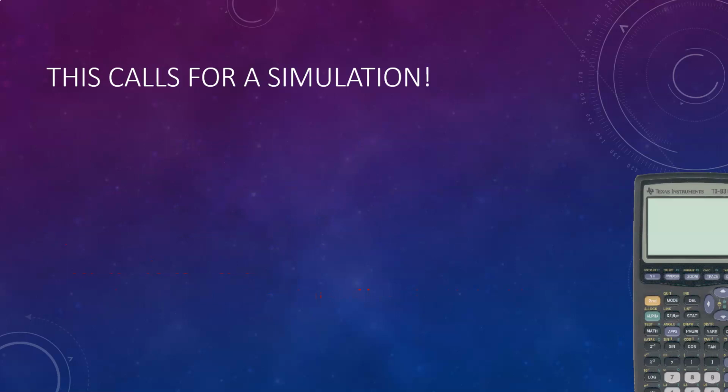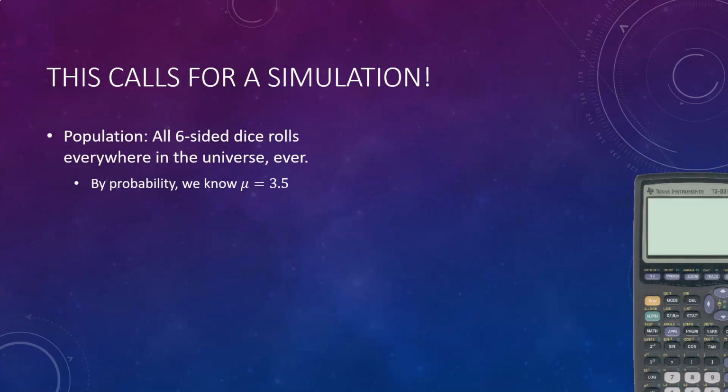Now, to show you how this plays out, I wrote a program that does kind of what we did on the spreadsheet. We look at the rolls of 6-sided dice, and from probability, I know that the mean of that population is 3.5.